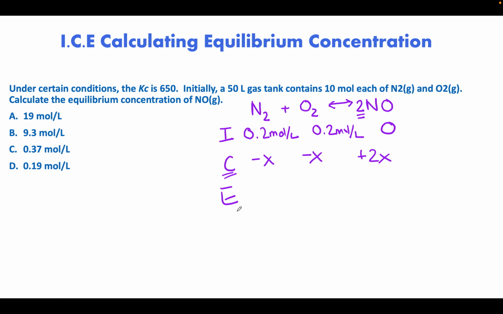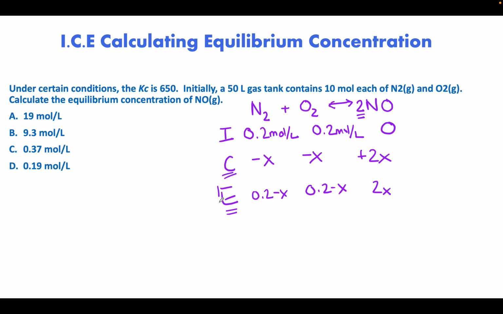Now we can come up with the E, and you're just adding the I and C together. So the equilibrium molar concentration of N2 would be 0.2 minus X. Same thing for oxygen. And then for our nitrogen monoxide, it is just 2X.